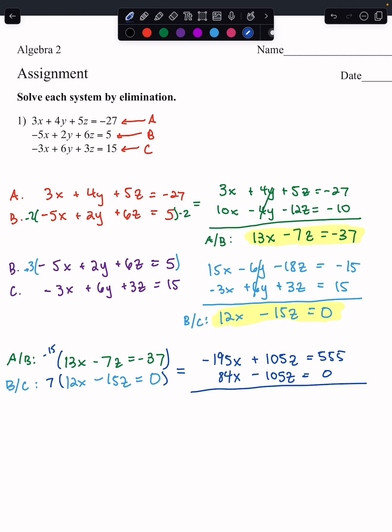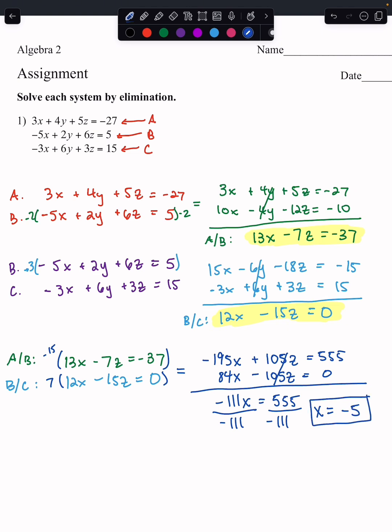Now we're going to add straight down. These are going to cancel. So I'm left with negative 195x plus 84x, which is negative 111x, equals 555. When I divide both sides by negative 111, you'll get that x equals 5. Just kidding, negative 5.